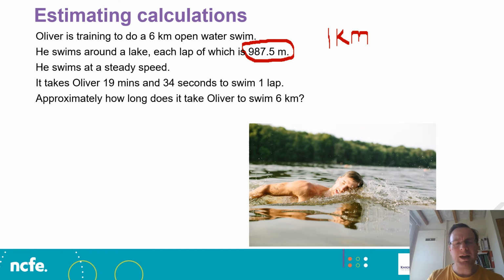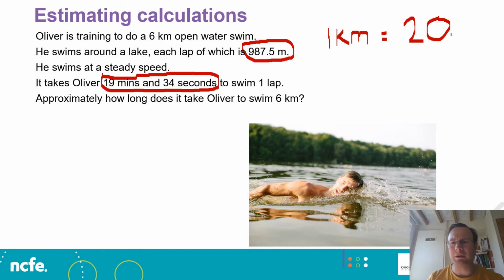So how long does it take him to do each lap? Well, we can see he's as near as possible to around 20 minutes. So each one's around 20 minutes.